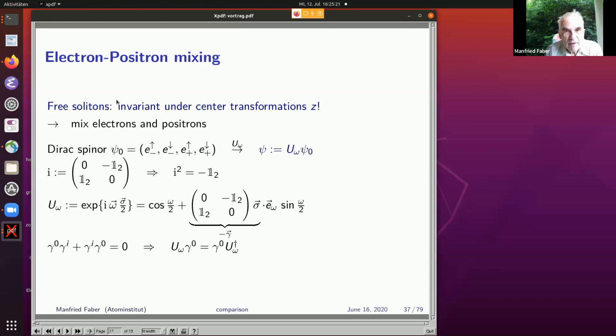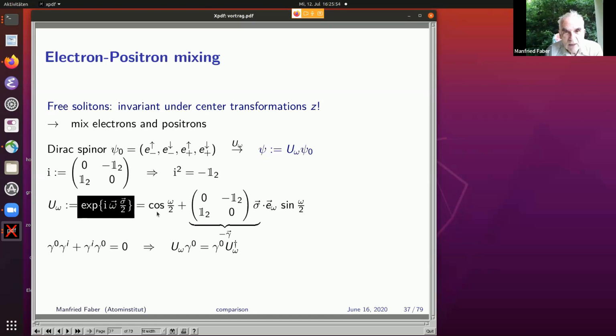I have used the invariance of the gauge transformations, so that the spin up and the spin down, the electron and the positron, can be mixed. So I introduce a mixing matrix I, which is off diagonal 2 times 2 matrices, 1 and minus 1. I squared is minus 1. And I can make a rotation in this space, e to the I omega sigma half.